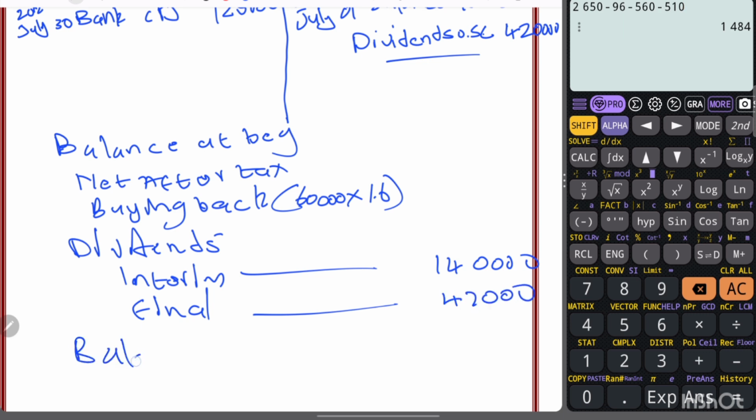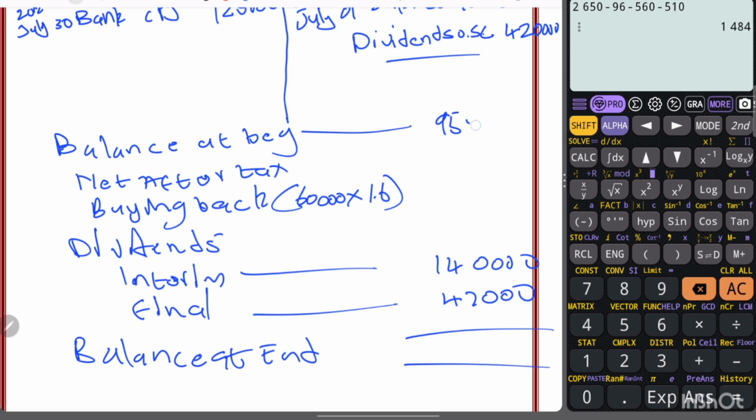Then we have balance at the end now, and then the balance at the beginning we're given as 950,000. Net income after tax, we're not given, but we're given net profit before tax.